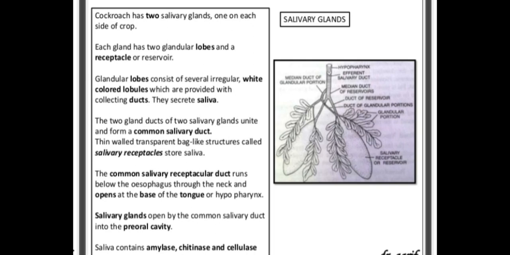In the salivarium region of the mouth cavity, the food which is taken in with the help of the labrum, chewed upon by mandibles, and forced into the oral cavity.